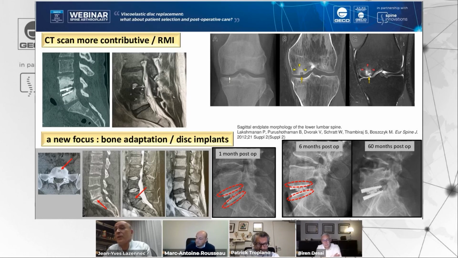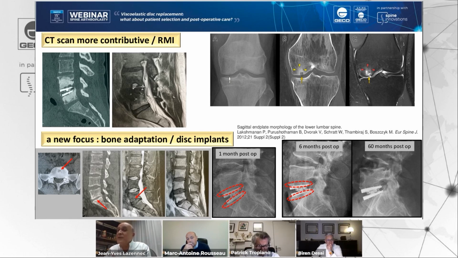Probably there is a new focus regarding bone adaptation to implants, because we have a lot of patients with not perfect disc and plate. They are curved, concave. You can see on the arrow in those degenerative discs, if you pay attention, a lot of such cysts in the end plate of degenerative discs.